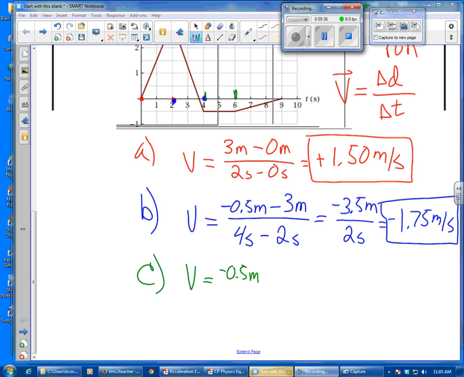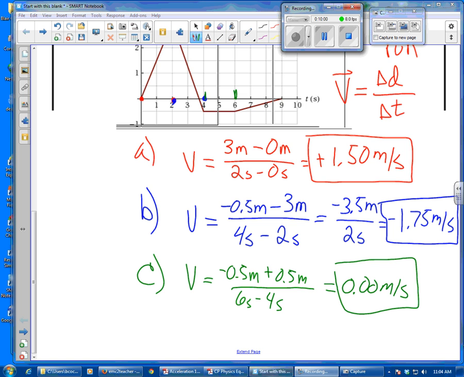So it's non-directional. Plus 0.5 meters over 6 seconds minus 4 seconds. Why does it end up being positive? 2 negatives. Excellent. And that ends up being 0.00 meters per second. Rule of thumb, always give me 3 sig figs, please, in your answer. Keep all your sig figs if you're working, and then just post 3.